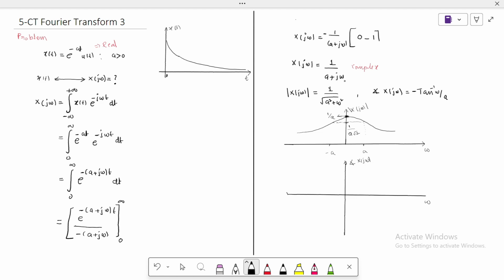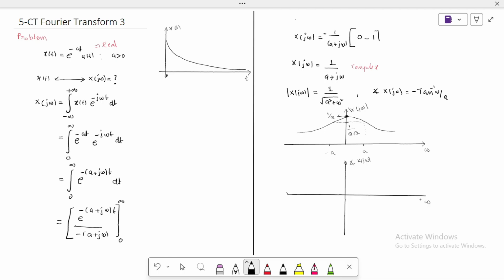For omega equal to infinite, the angle equals minus 90, minus pi by 2. For omega equal to minus infinite, the angle equals plus pi by 2.